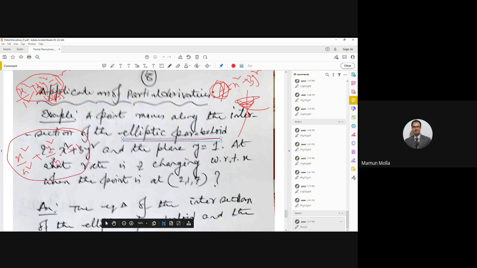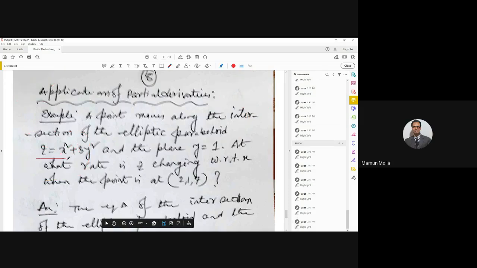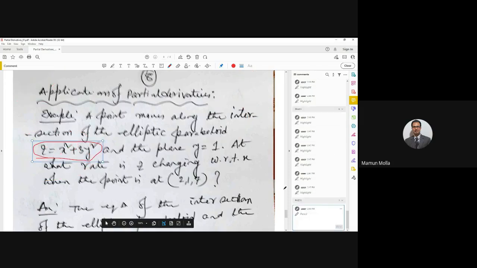So elliptic paraboloid means a paraboloid, and if you take the cross section, you will always get an ellipse. This is elliptic paraboloid. Earlier, the coefficient of x square and coefficient of y square were the same. I took a common 2 in a bracket, and you said, sir, it will be a little bigger. Yes, a little bigger. And then here, x square plus 3y square.